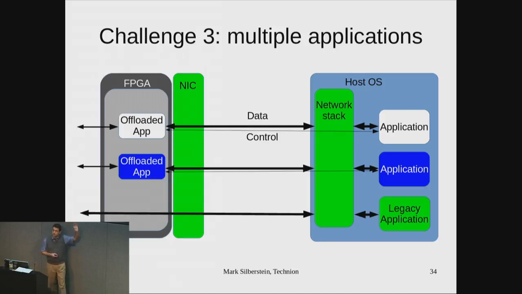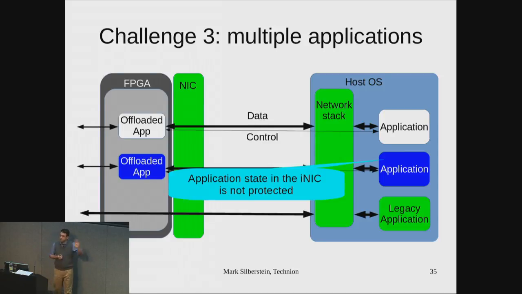And this becomes interesting because a lot of issues come up here: what does isolation and protection really mean, and what does it mean for this kind of processing to be protected, and against what?